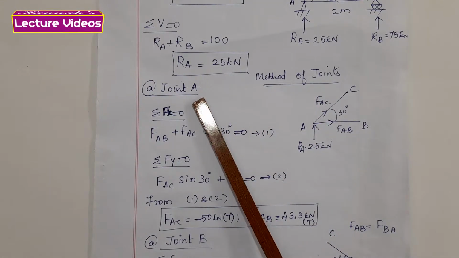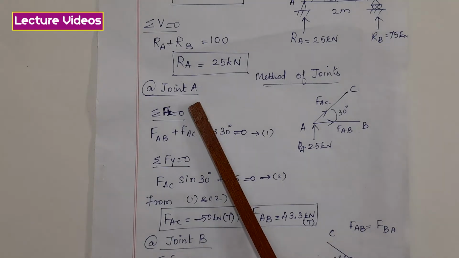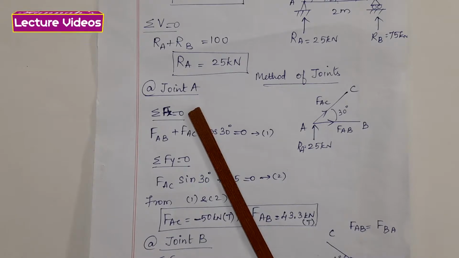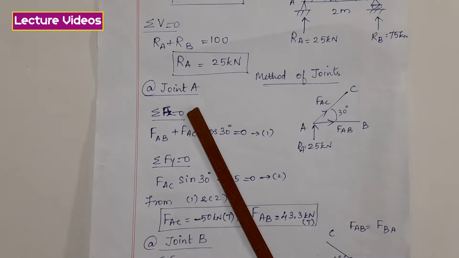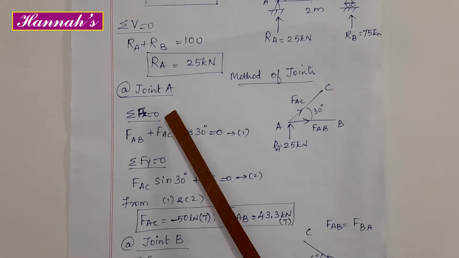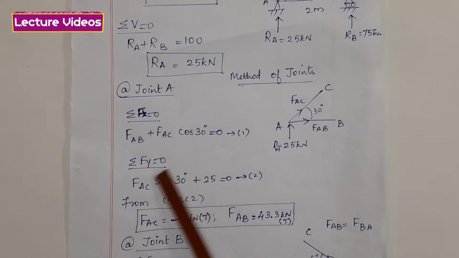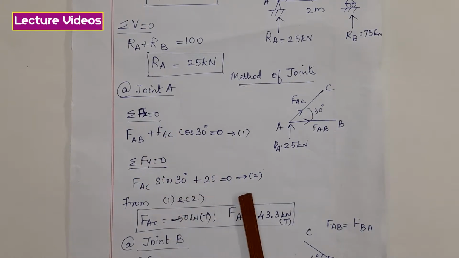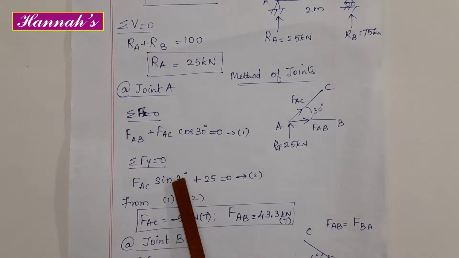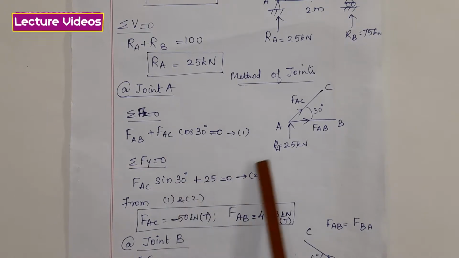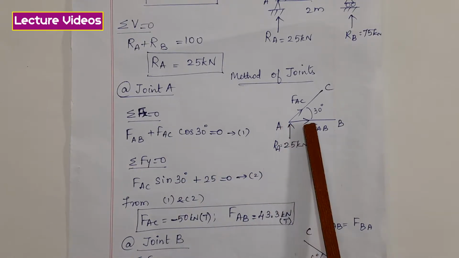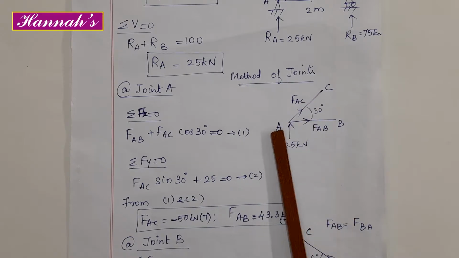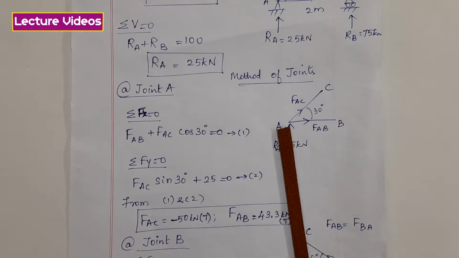Let me start from joint A because I have two members coming out from joint A, and the member forces in these two members are the unknowns. I make use of these two equilibrium equations to solve for the axial forces in the two members. I have assumed tension in both the members to begin with, that is, tension at joint A.